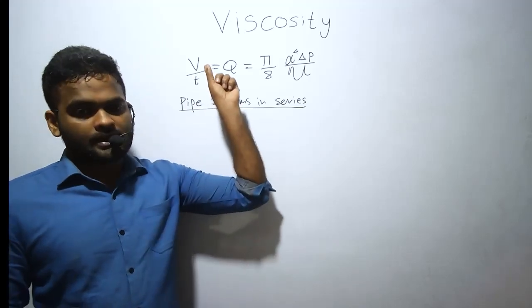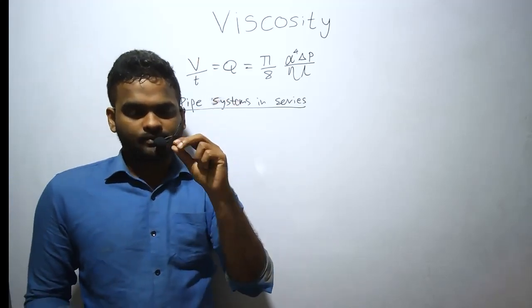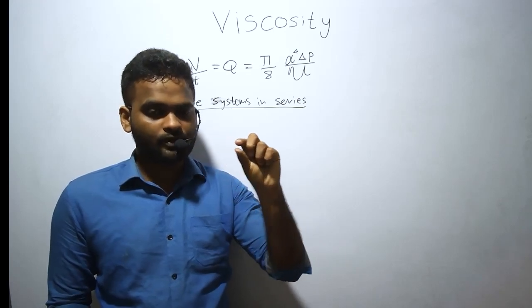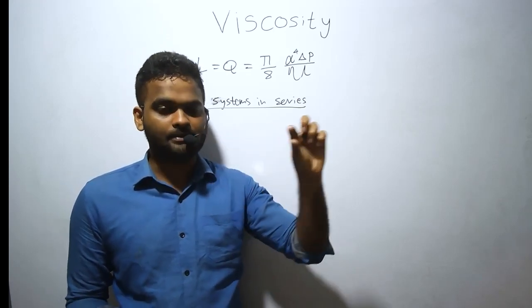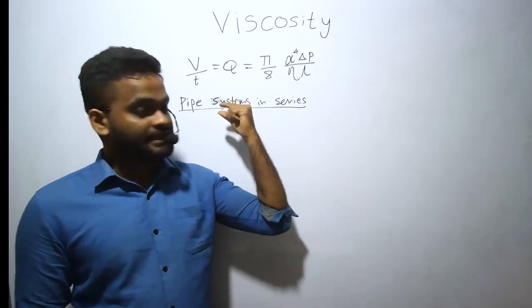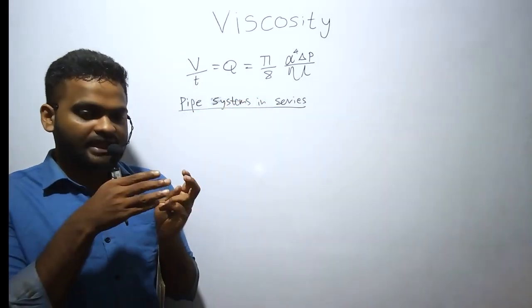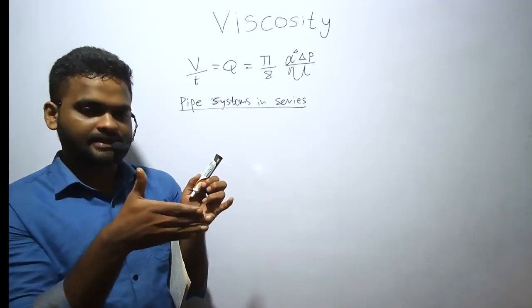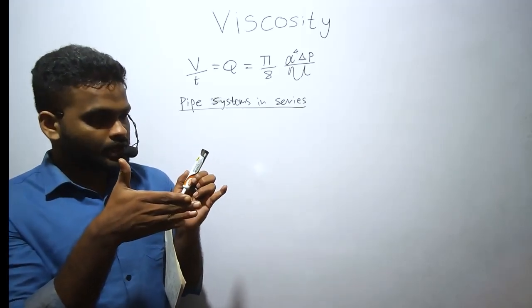So using Poiseuille's equation, we discussed the volume flow rate through one thin horizontal pipe. In this case, we connect two pipes or more. First, I'll discuss two pipes in series.